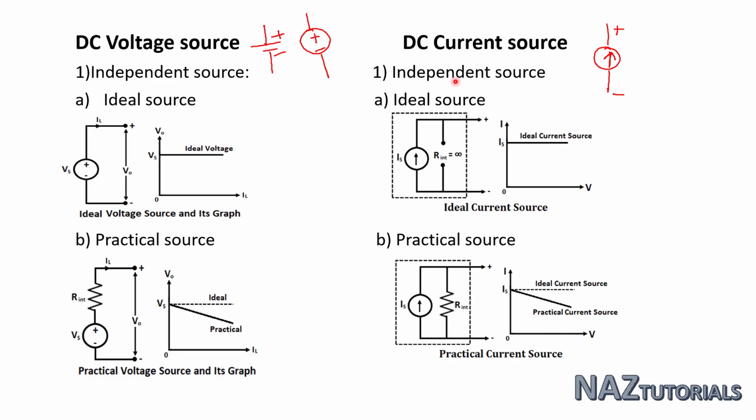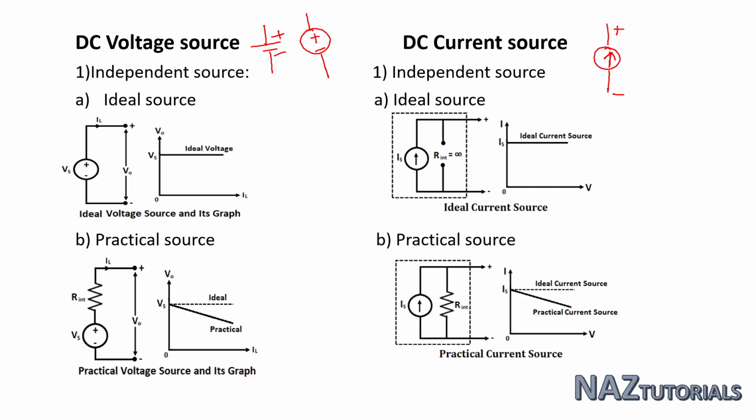And if you see the ideal current source, this is the basic structure of a current source, in which a current source Is is applied to a load for which V is the output voltage and I is the output current.